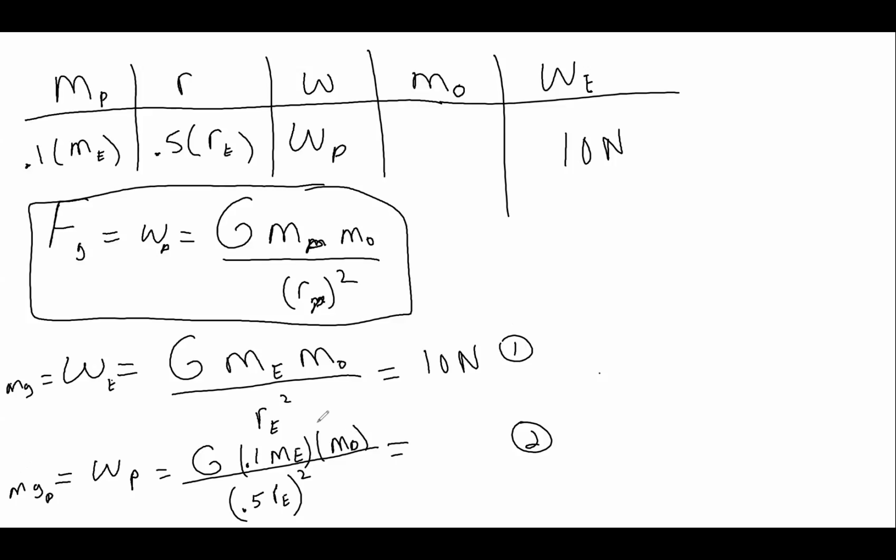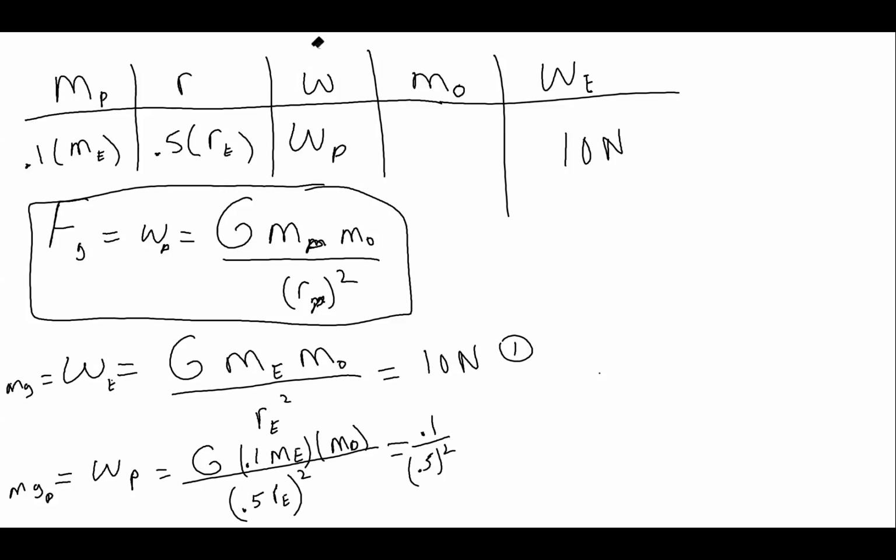If you notice, the only thing that's different is here. I have 0.1 here, and here I have 0.5 squared. And the rest of this equation is the exact same thing.